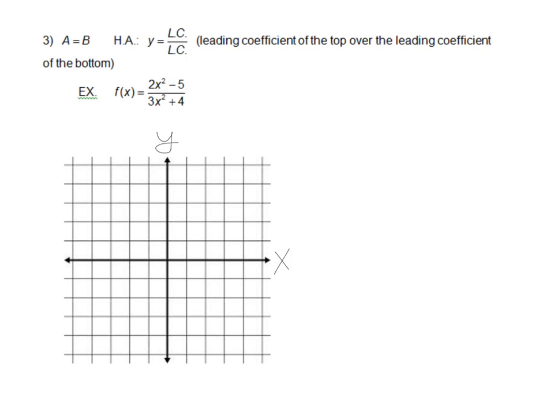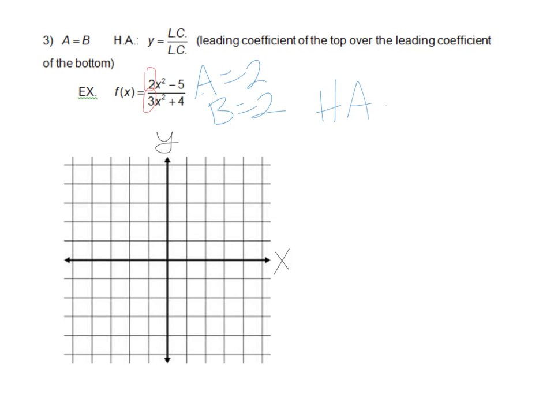The final situation would be if A equals B. Then the horizontal asymptote is y equals the leading coefficient of the top over the leading coefficient of the bottom. So in this example, the degree of the top is 2. The degree of the bottom is also 2. So leading coefficient of the top is 2, leading coefficient of the bottom is 3.